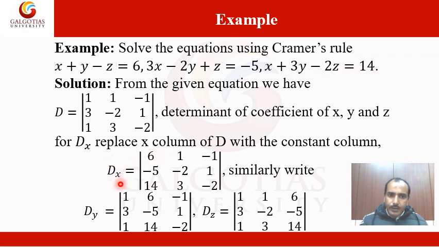So the determinant Dx is 6, 1, minus 1, minus 5, minus 2, 1, 14, 3, minus 2. Similarly, we write Dy and Dz by replacing the y column with 6, minus 5 and 14, and the z column with 6, minus 5 and 14.